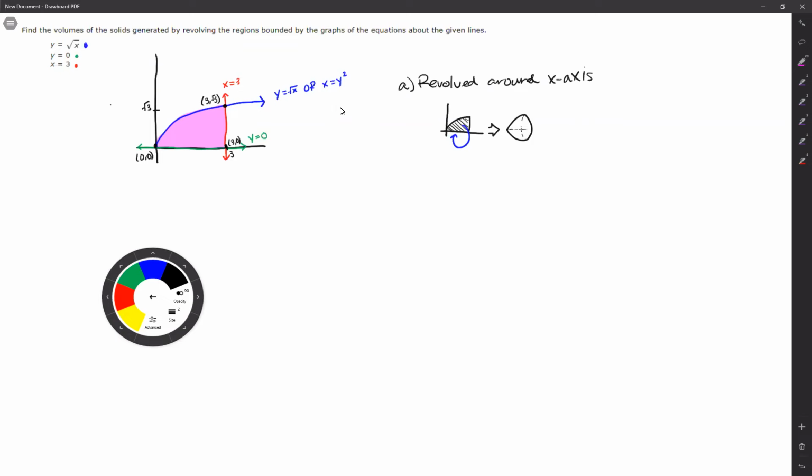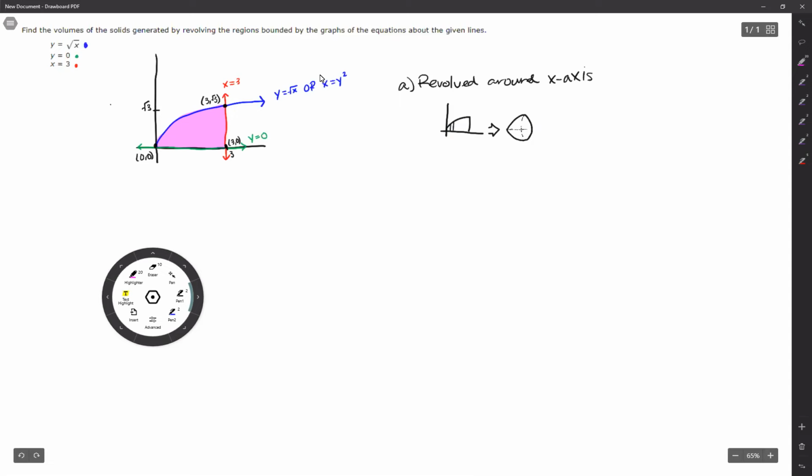Now, we're forced to do this using the disk method. So what that means is that our disks, right, our slices, the way we slice this up is going to have to be like this.